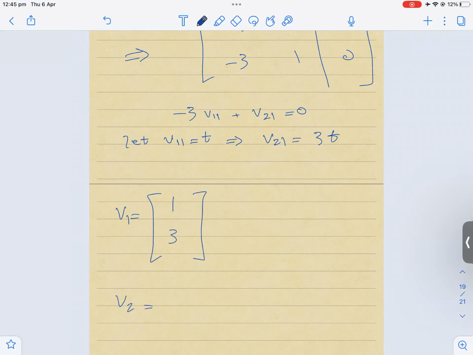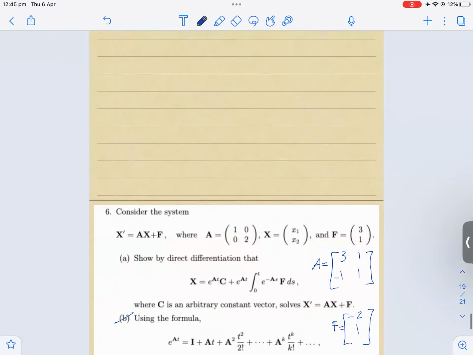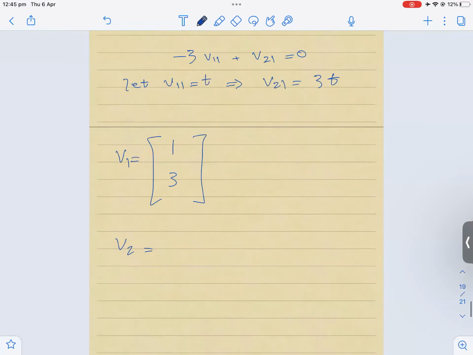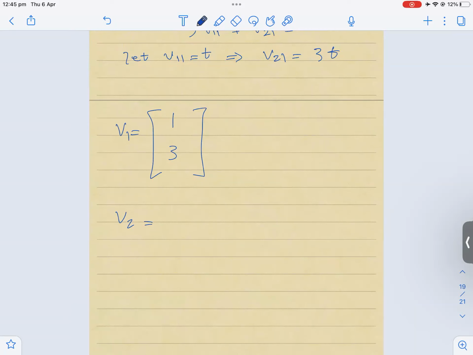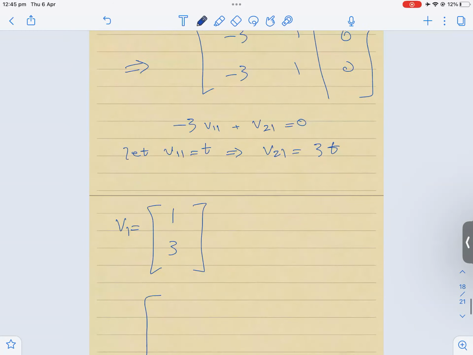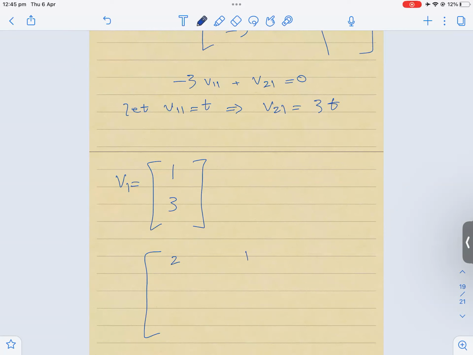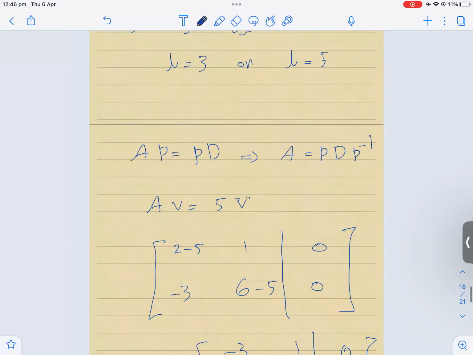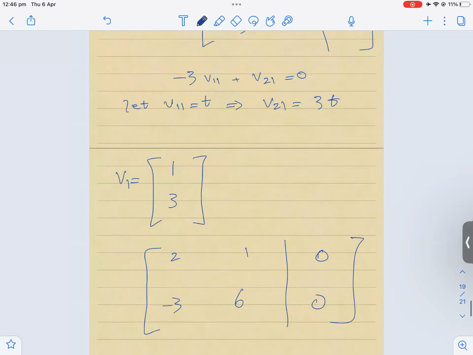So I will spend 5 minutes on this question, and we have the important question here. v2, can I find it? What was this? 2, 1, minus 3, 6 should be 0, 0. What was the other eigenvalue? 3.